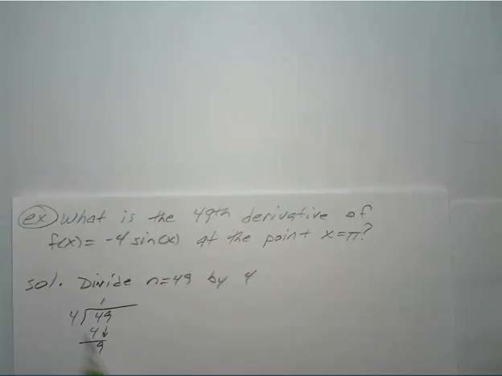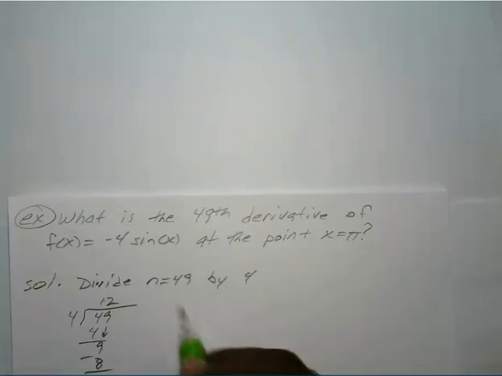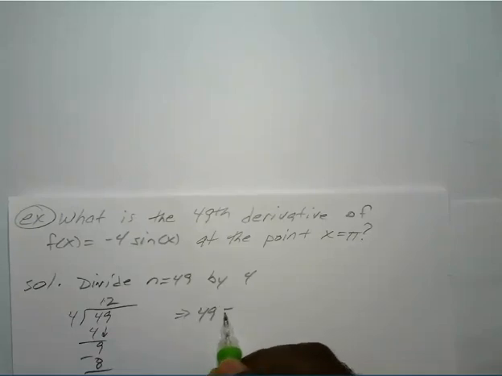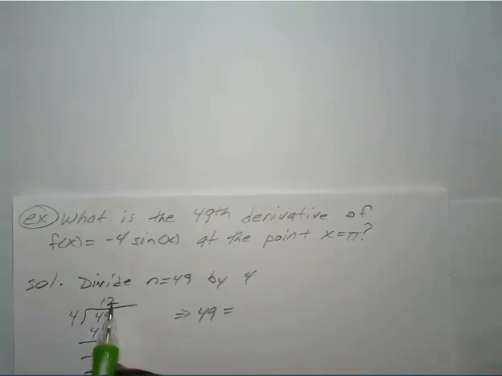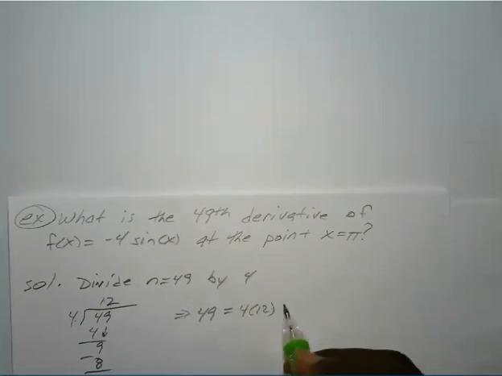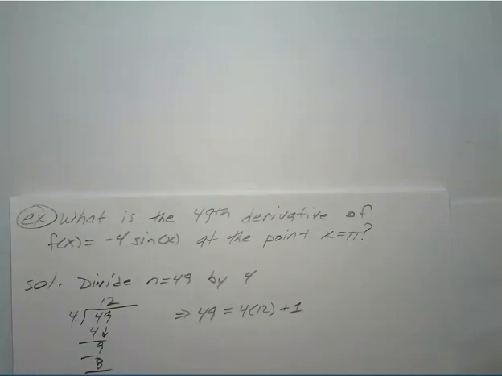Bring down the 9. 4 goes into 9 twice. 4 times 2 is 8. So the remainder is 1. That means 49 is equal to 4 times 12, plus 1. So you have 4 times 12 plus the remainder of 1.